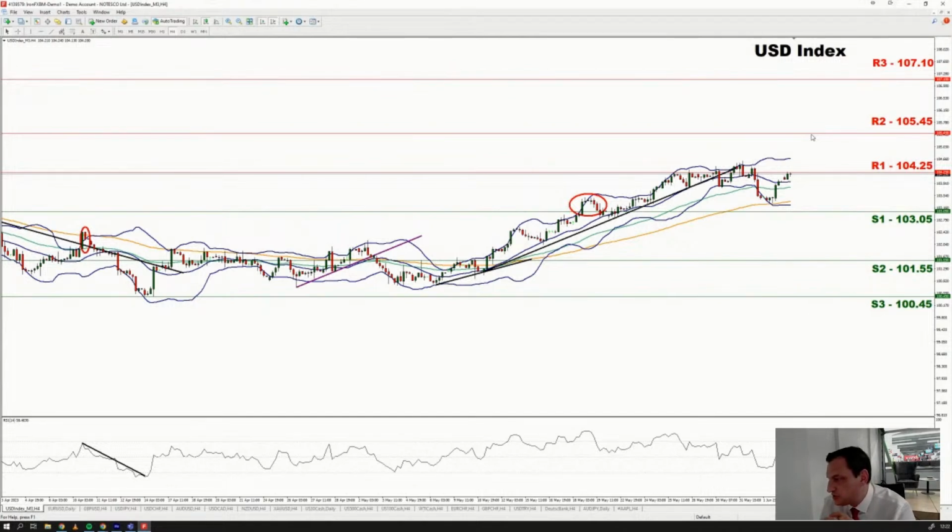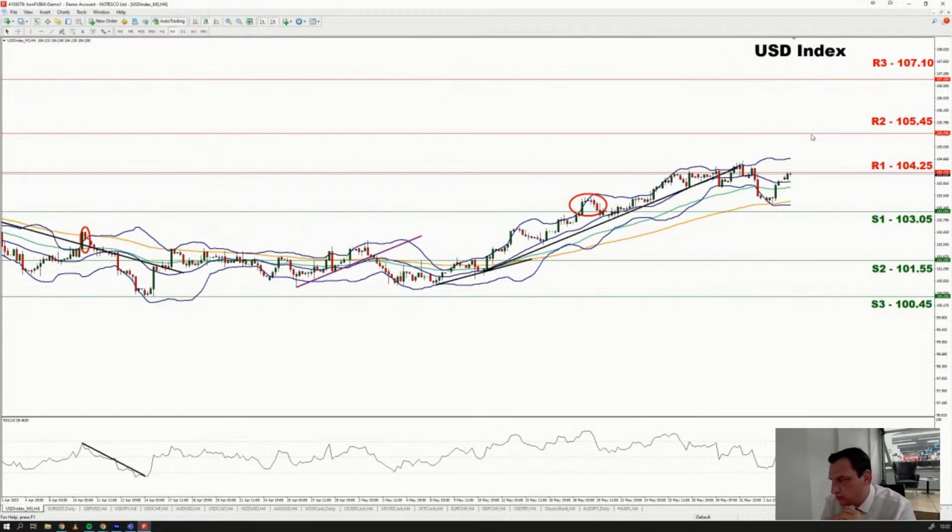So we have mentioned the possibility of a bullish scenario. Should the index remain rather stable in a sideways manner, we may see it maintaining a course just below the R1, 104.25, or even rotating around the R1.